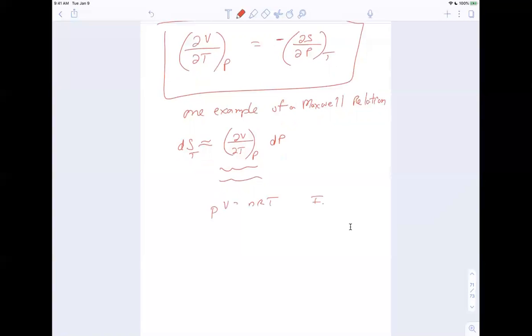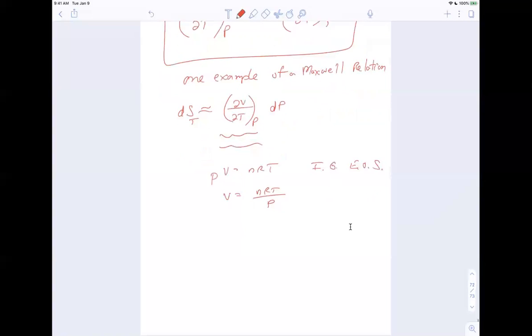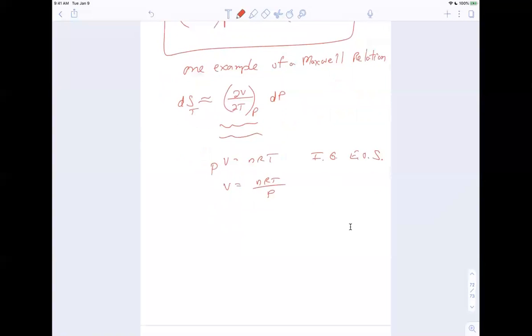So this is the ideal gas equation of state. We've seen that many, many times. And we can take volume, which is nRT over P. And we know that if we wanted to take the partial of V with respect to temperature at constant P, that's just nR over P, right?